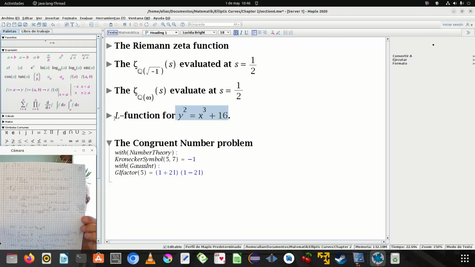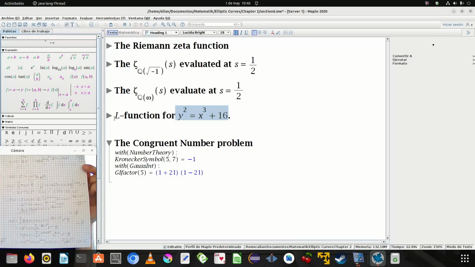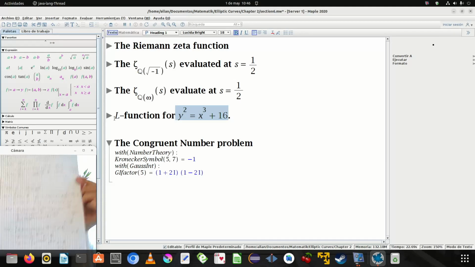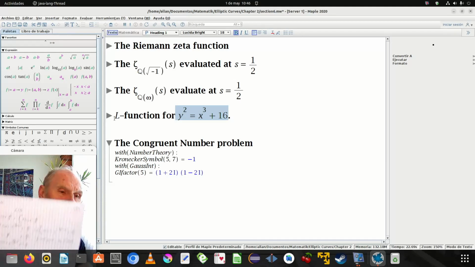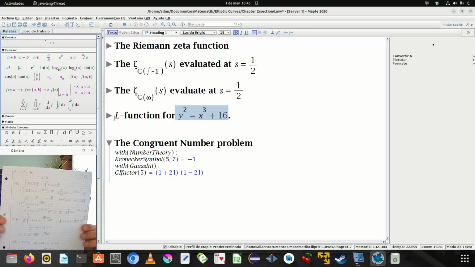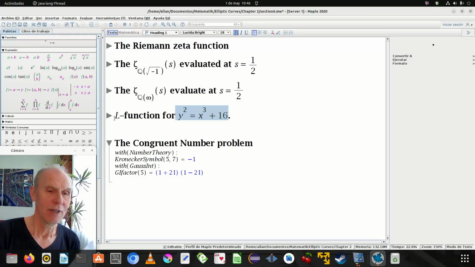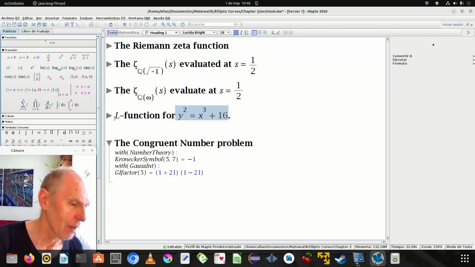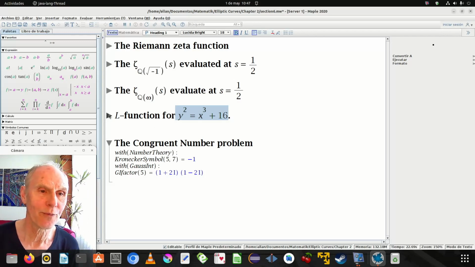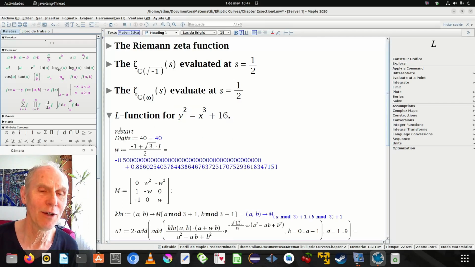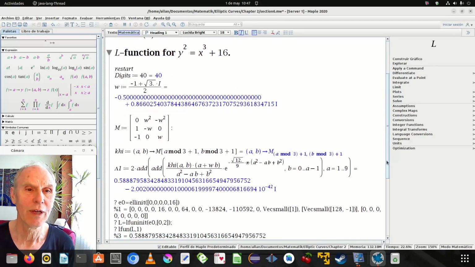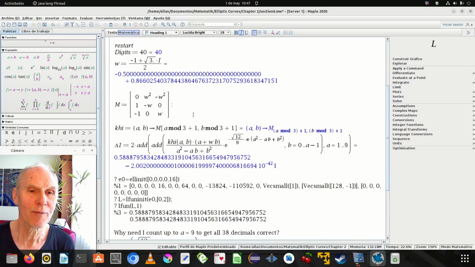So I went through the mathematics, verifying the reflection formula, and deriving the value at s equals unity. That looks very simple. So was it really that easy? But we have to compute it.